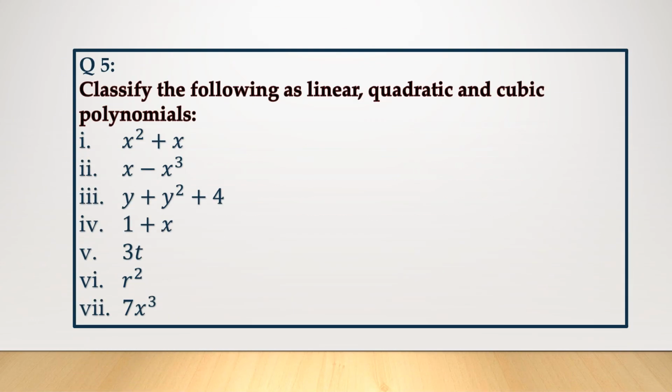Classify the following as linear, quadratic and cubic polynomial, right? Linear means degree 1. Quadratic, degree 2. And cubic means degree 3. So here the exponent is 2, here exponent is 1.